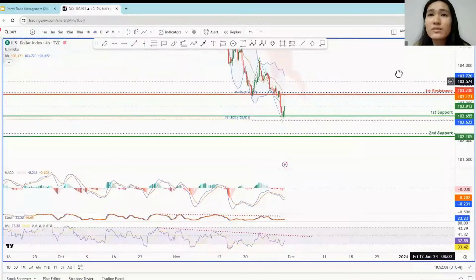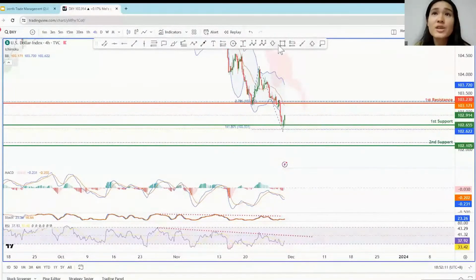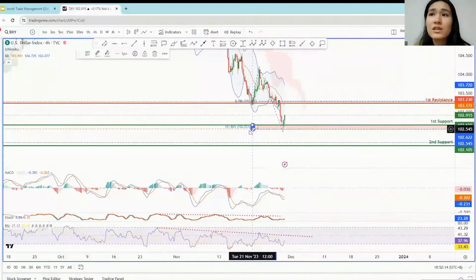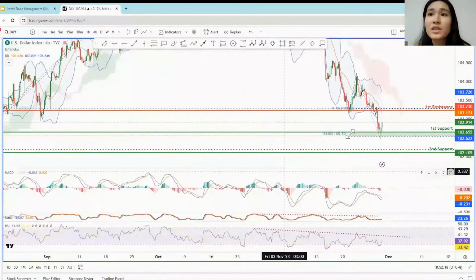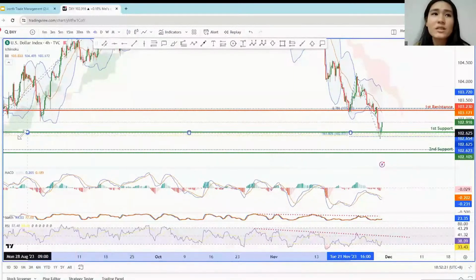So we would get confirmation in this case once price breaks out of this first support, because our first support is a pretty significant level again.